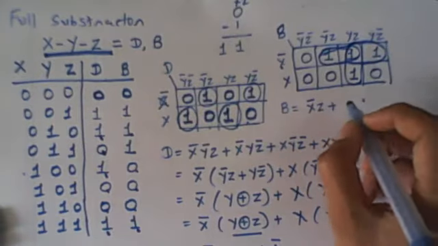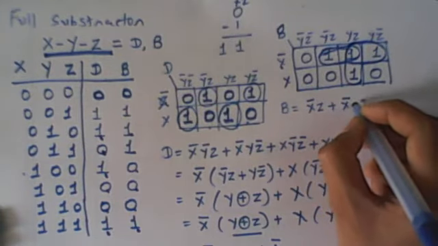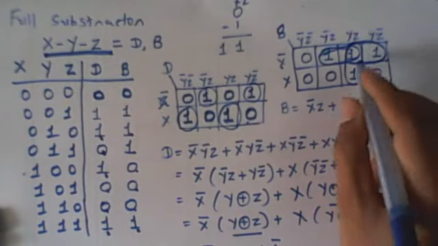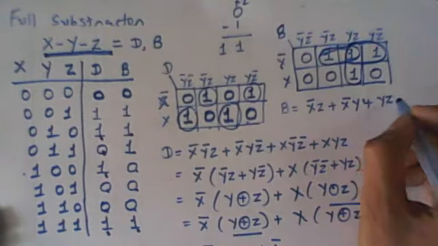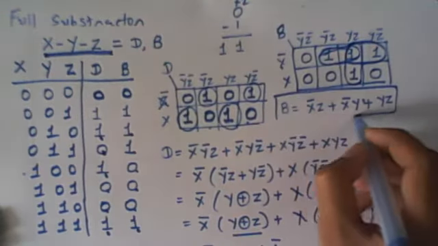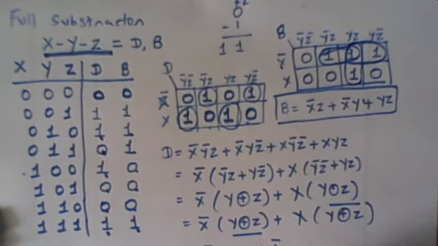From the second group, x bar and y. And from the third group, y and z. Right? So this is the logic of the borrow bit of a full subtractor: x bar z plus x bar y plus y z.